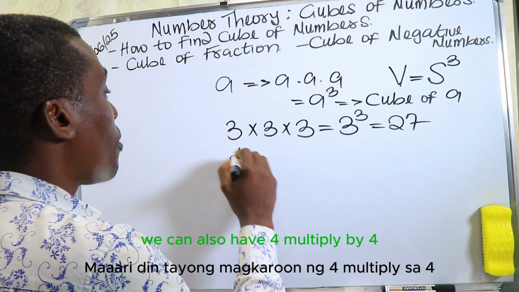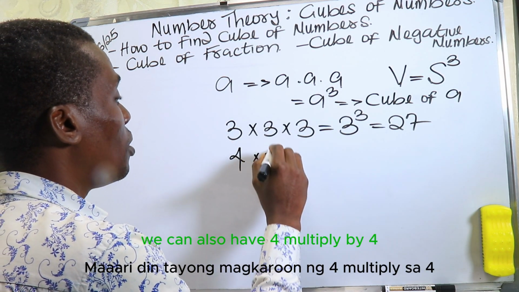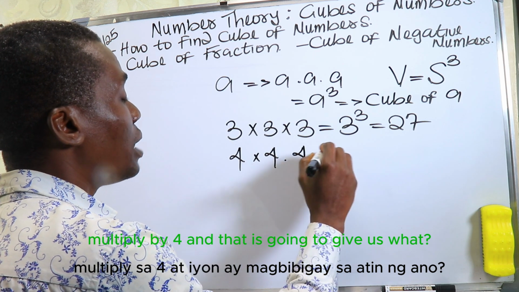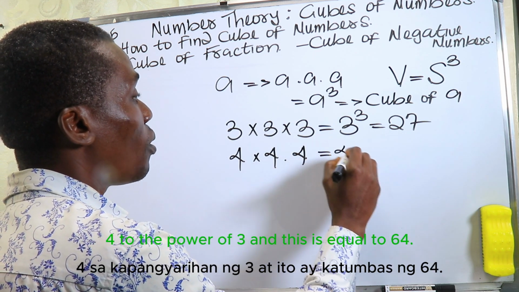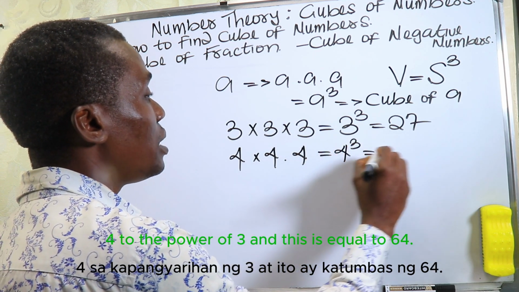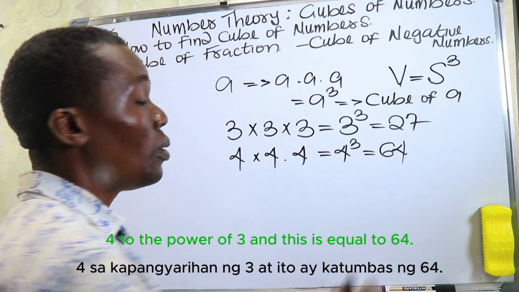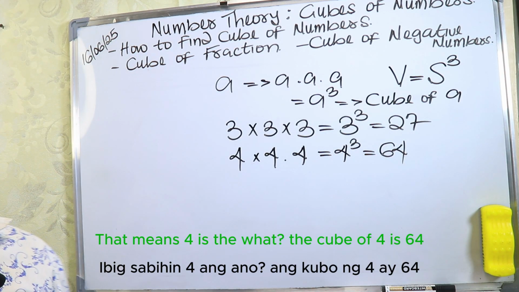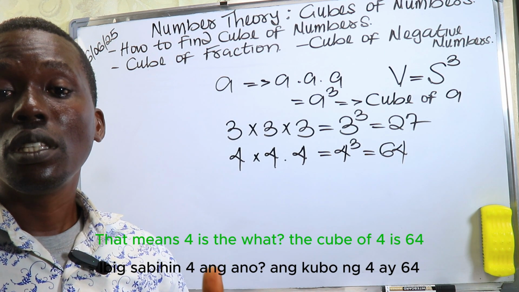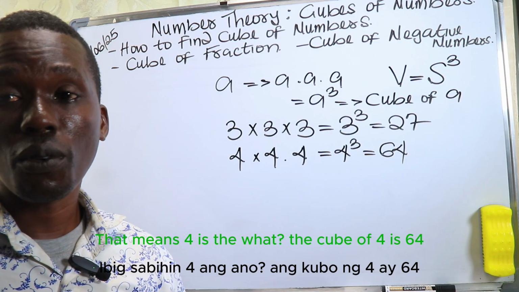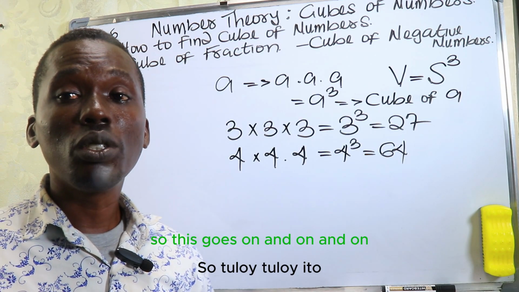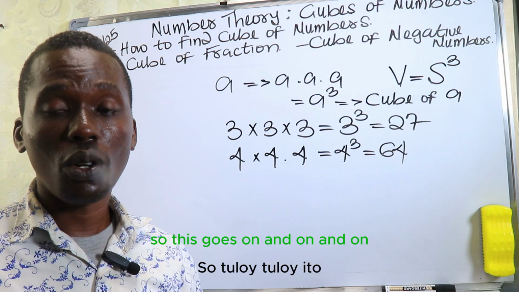We can also have 4 multiplied by 4 multiplied by 4, and that is going to give us 4 to the power of 3, which is equal to 64. That means the cube of 4 is 64. So this goes on and on.